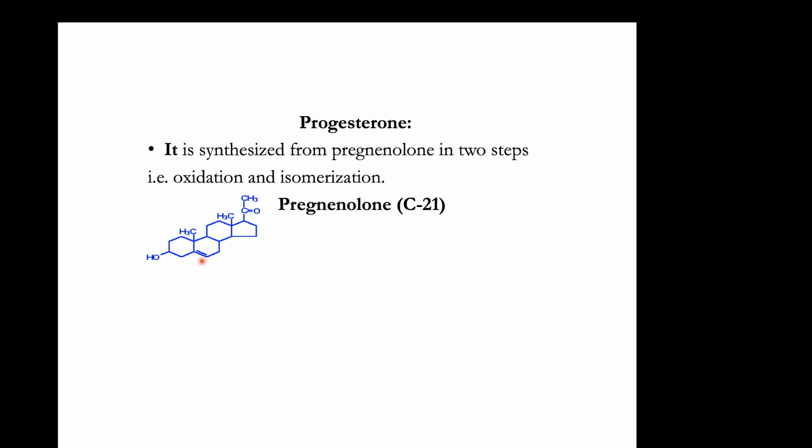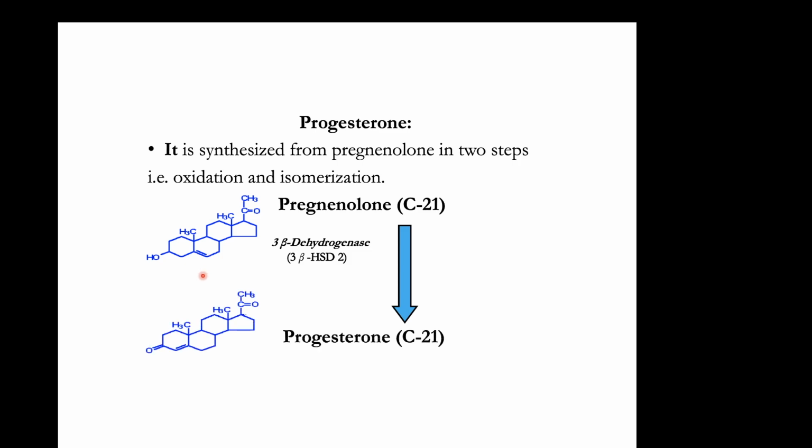If you see here, this is the double bond present between carbon number 5 and 6. However, in progesterone, this double bond changes location. That is, isomerization takes place: here it is between carbon number 5 and 6 in pregnenolone, and in case of progesterone, it will isomerize to carbon number 4 and 5. This is carbon number 4, this is carbon number 5.